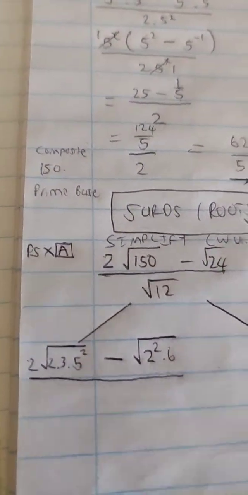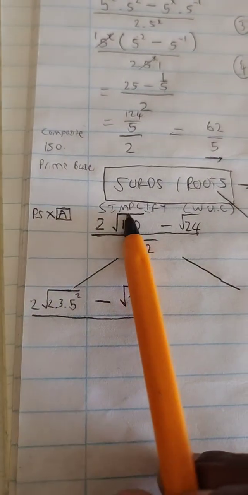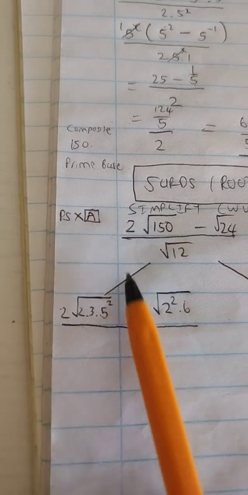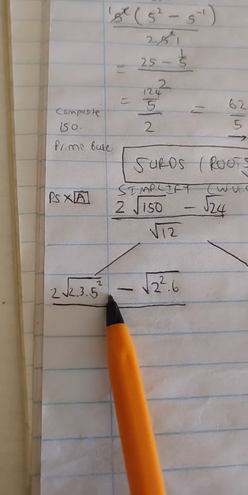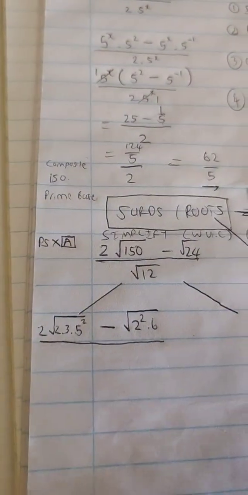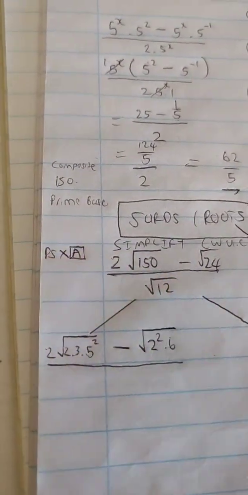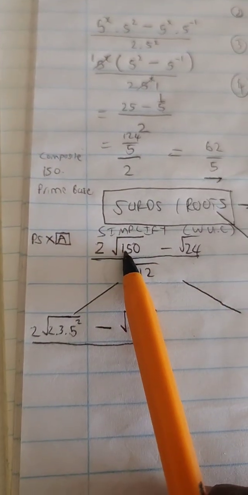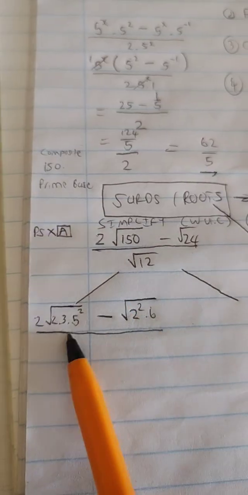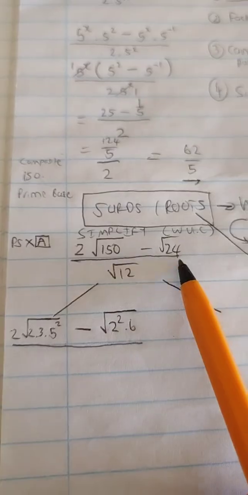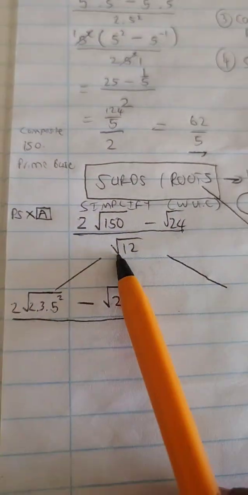I'm just going to use A to designate another number. This is the combination I need inside there. Because this is a square root, I'm interested in a perfect square and another number. If it was a cube root, I would be interested in a perfect cube and another number. But at the moment, because it's a square root, I need a perfect square and just another number.